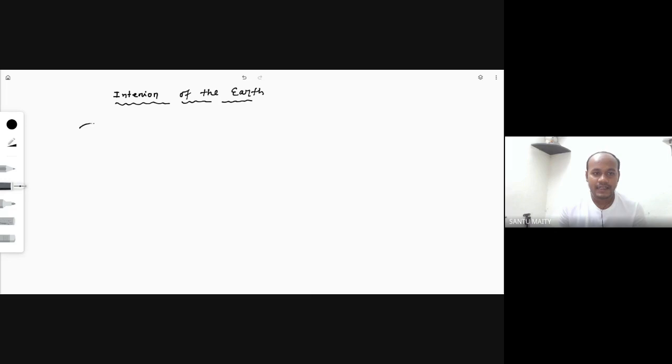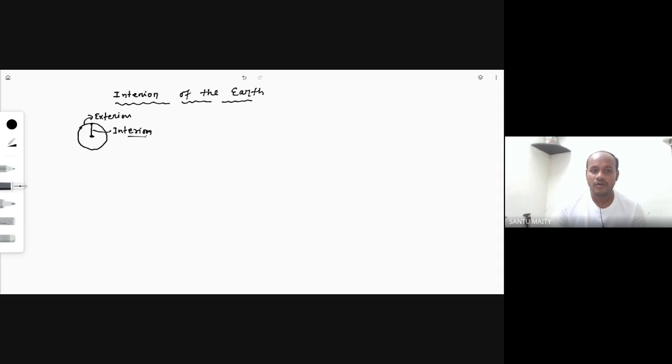First thing is that if we try to draw a rough sketch of our earth, which we know is not perfectly round, rather it is an ellipsoid, there will be an outer surface of the earth, that is called exterior, and at the same time, up to the center of the earth we can also understand it as the interior of the earth, starting from the surface of the earth to the center of the earth. This is known as interior of the earth.